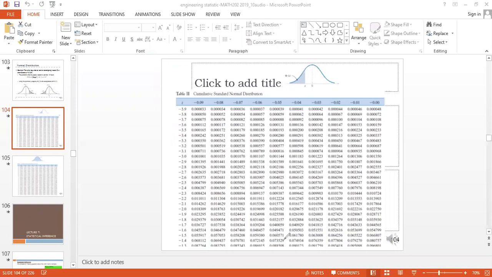Coming down here, we are getting 0.0495, or let's say 0.04945, very close to 0.05. I hope you can see clearly.